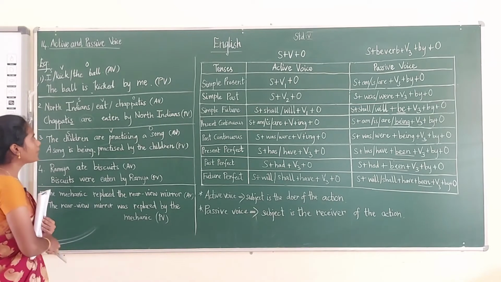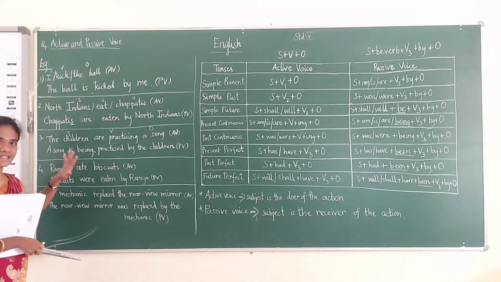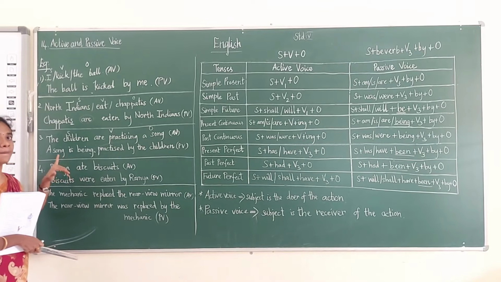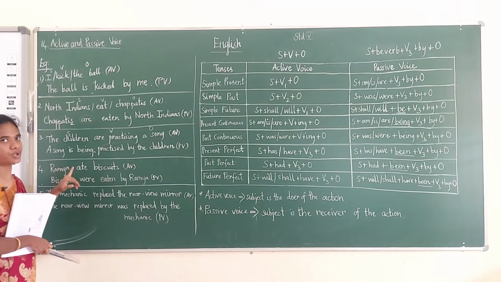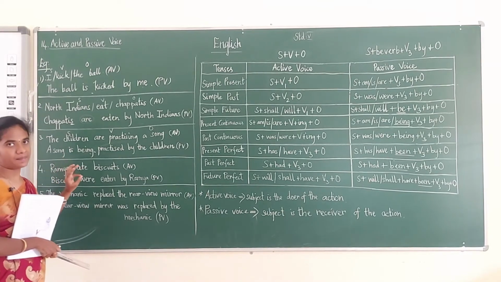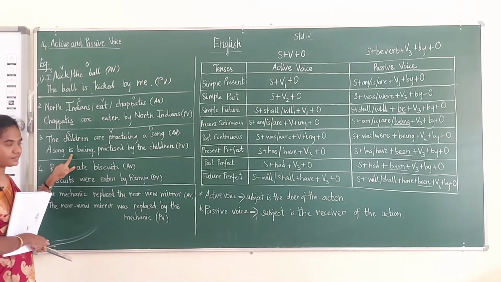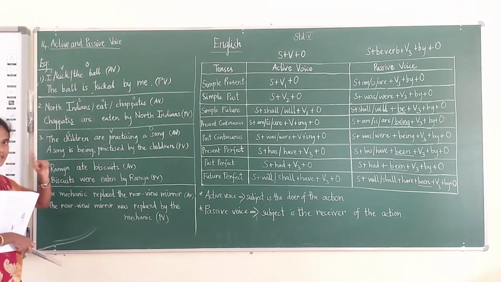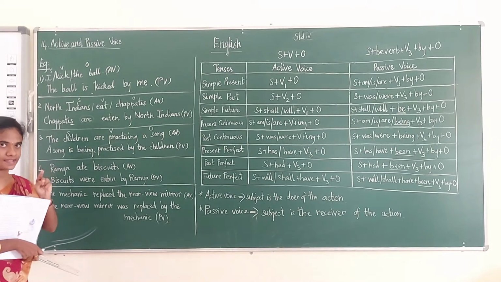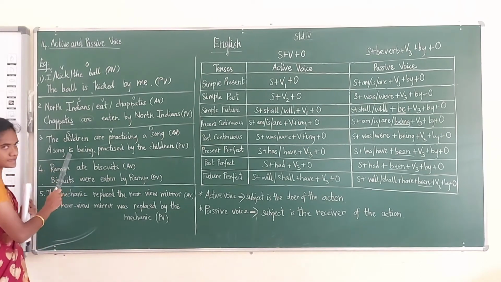So we have to write the be verbs for the present continuous, the present tense be verbs. What are the present tense be verbs? Am, is, are. So we are writing is, because in this case it is only one song, a song. So we are writing is.